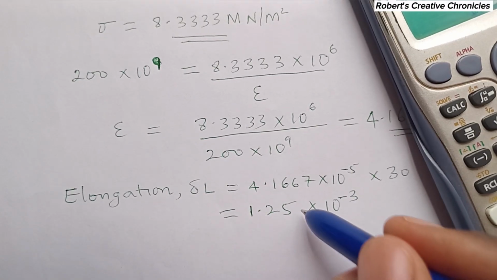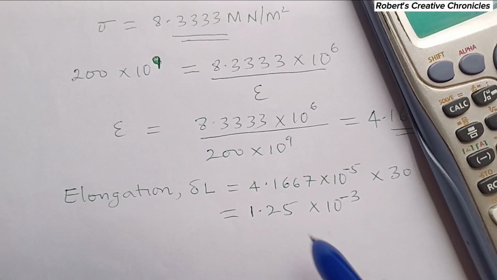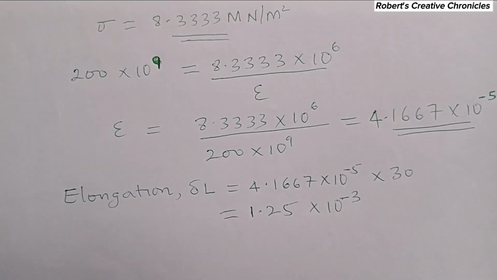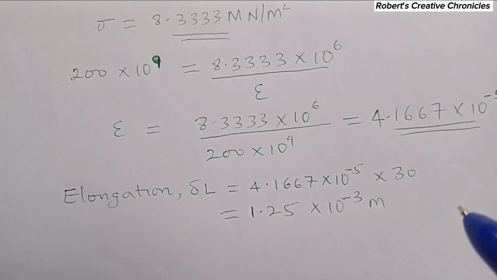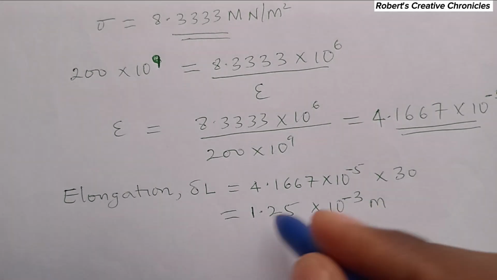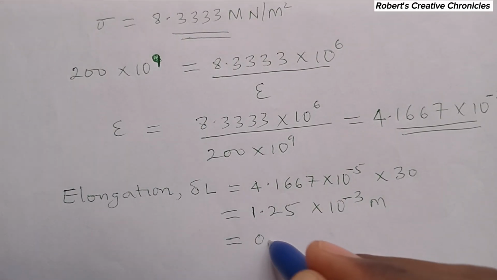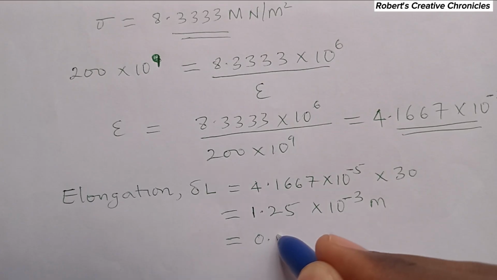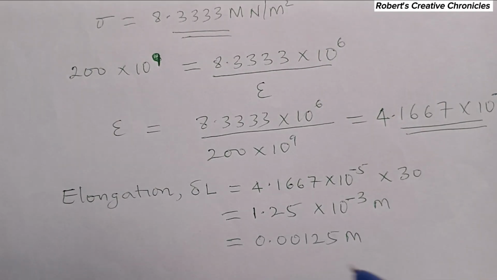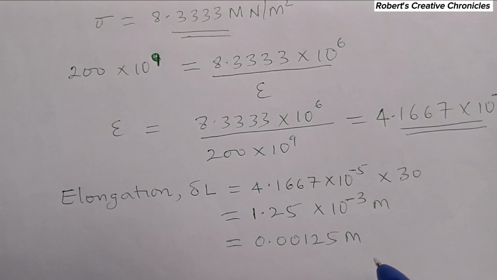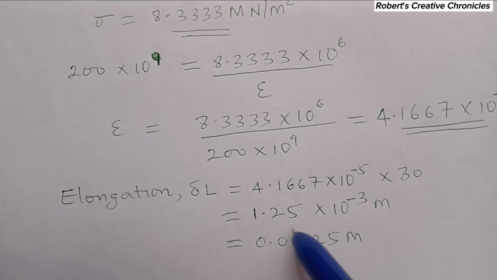It's also 1.2500. So we can just put it to 2 decimal places, times 10 raised to the power of minus 3 meter, or we can also express it as 0.00125 meter, since we have moved 3 decimal places, 1, 2, 3.